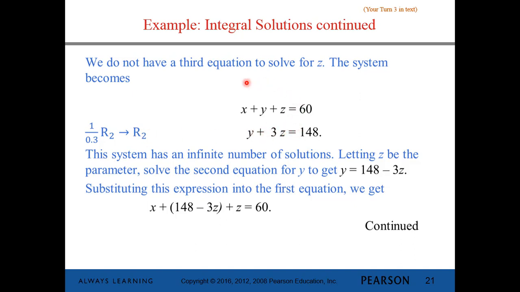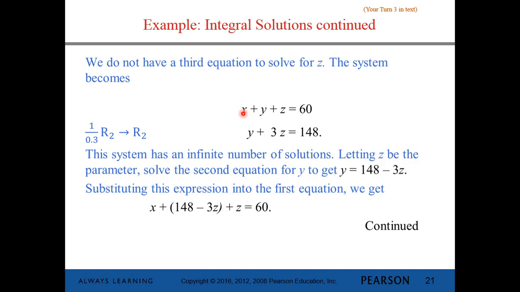And so now this is going to be our system of equations. Okay, now we got it in triangular form. But the thing is we can't solve for y or z. So that means z is going to be our parameter. Z is going to be the free variable, which means we can let z be any real number. And then as soon as we know what z is, then y and x will be determined.